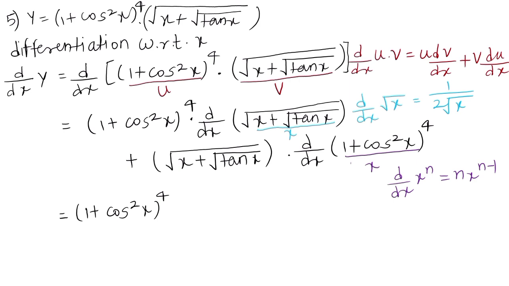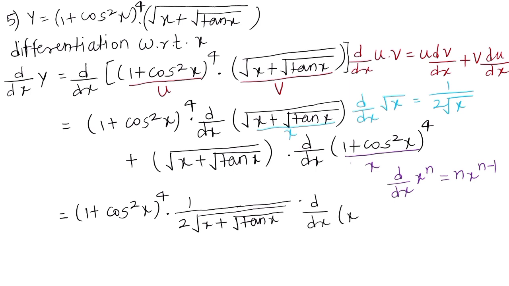Next step will be (1 plus cos square x) raised to 4 as it is. Differentiation of under root x plus root tan x will be 1 upon 2 under root our entire expression, that is x plus root tan x, and we have considered this expression as x, so we need to take differentiation of x plus root tan x, plus sign as it is.